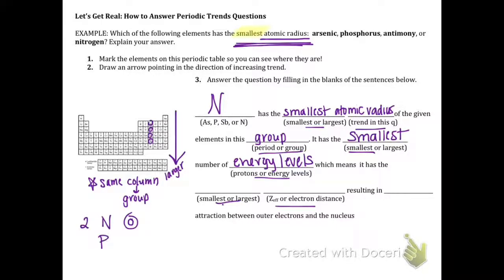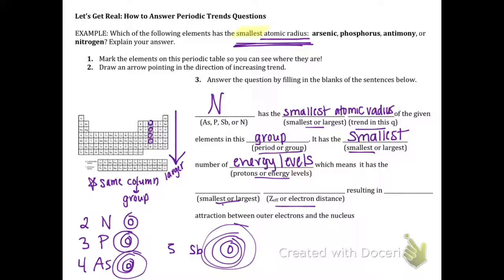Phosphorus is in the third row, so it has 3. And then arsenic, which is 4, so it's like 1, 2, 3, 4. And then antimony has 5, so 1, 2, 3, 4, 5. That's why we can see here that nitrogen is going to be the smallest atomic radius. It's very small. So it has the smallest number of energy levels.